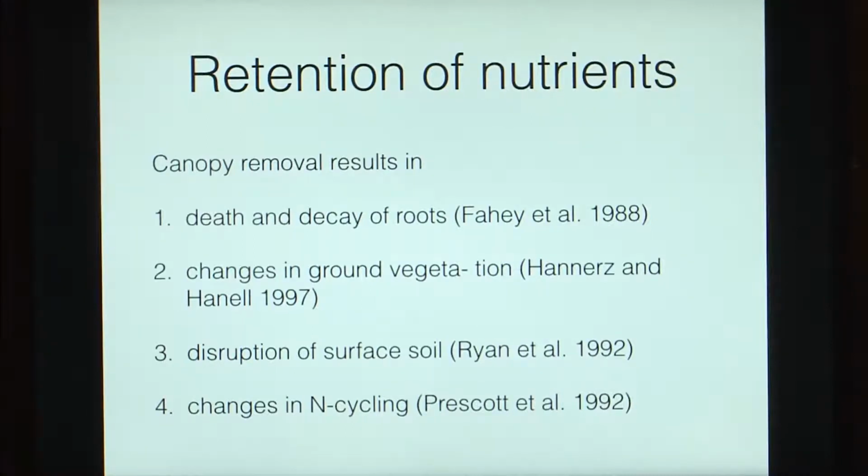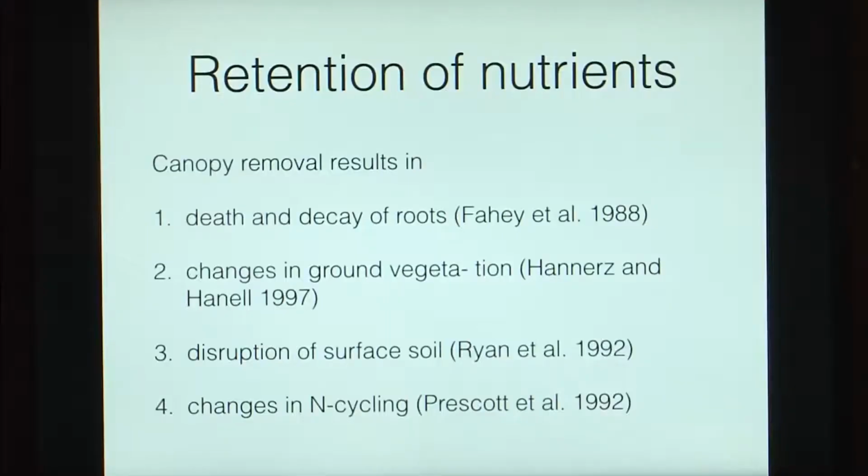When this ground is exposed to the sun rays, its top portion dries up very fast, and when that top portion dries up, it will also result in the death of the individuals of the species that are found there in the topsoil. So, when that layer dries up, it results in a disruption of the surface soil. Also, when you have removed this canopy, all the nutrients that are there in the topsoil will further get leached down. It also results in changes in nitrogen cycling.